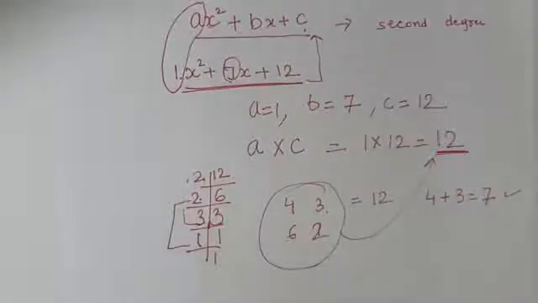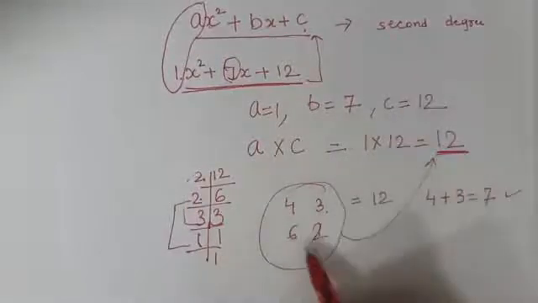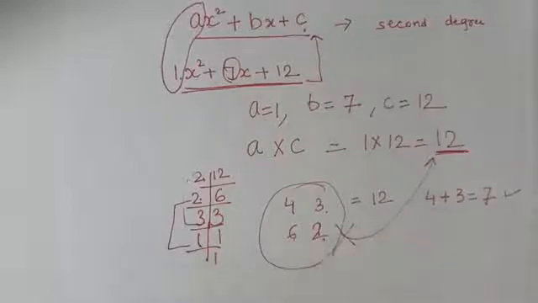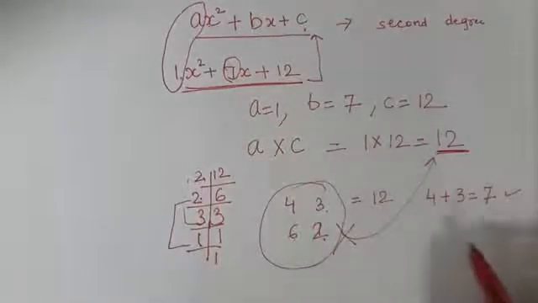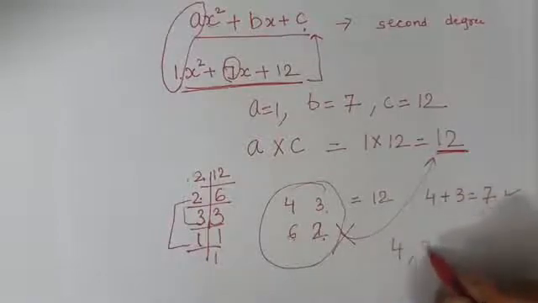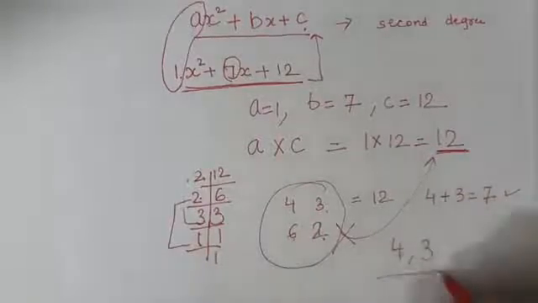Means we can think about it. Now 6 into 2 gives you 12, but 6 plus 2 gives you 8, not 7. So we cannot take this pair. Now we got two numbers, that is 4 and 3.